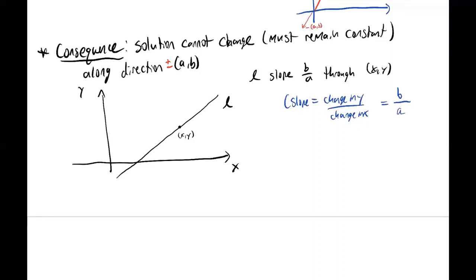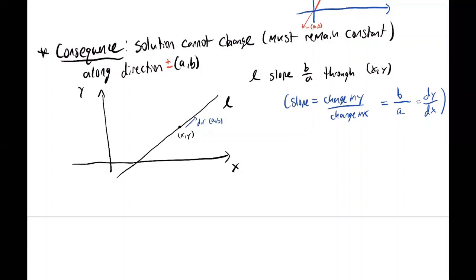It's going to be this ratio, which you can also think of as like the dy dx. If you're thinking about this in terms of derivatives, right? The slope is the derivative. Right, and so if I have a line that moves through a fixed point, say X comma Y, and the slope of the line is B over A, then it's going to be moving in the direction A comma B, right?